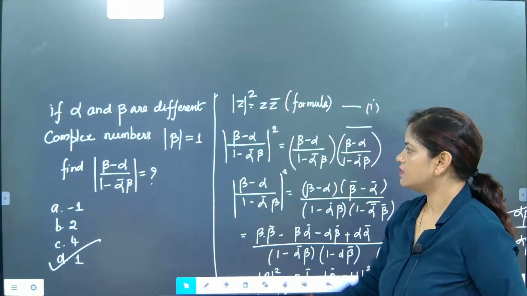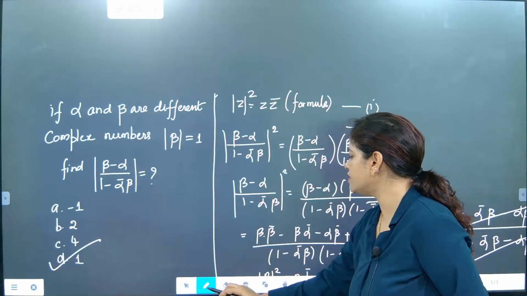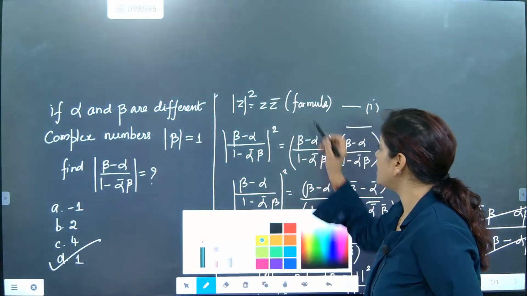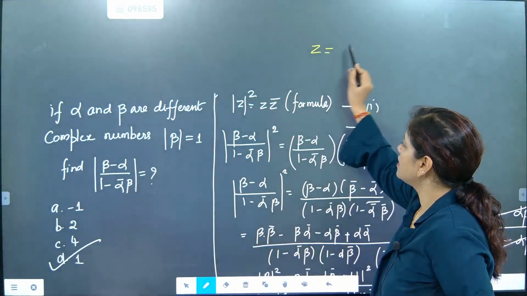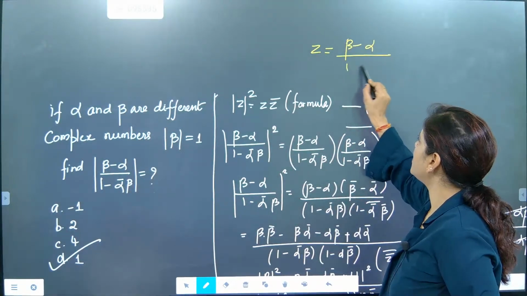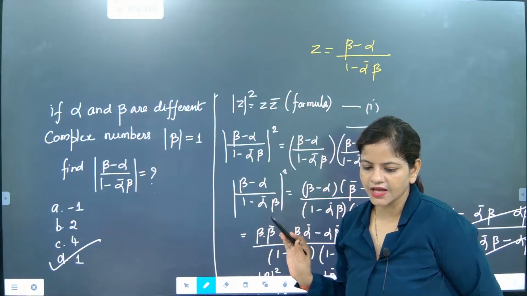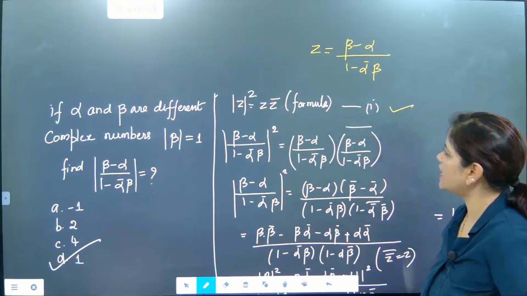So now for that, instead of z, what I have done, beta? Instead of z, I have exactly taken beta minus alpha by 1 minus alpha conjugate into beta.